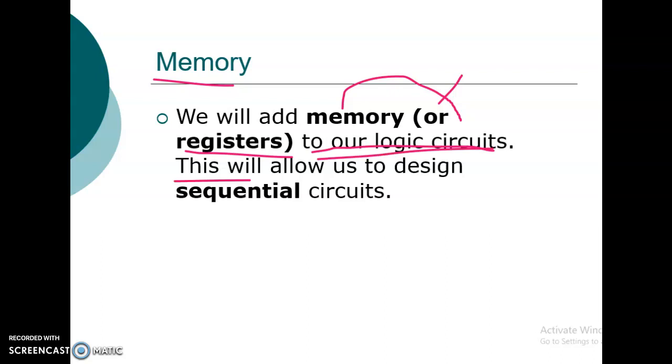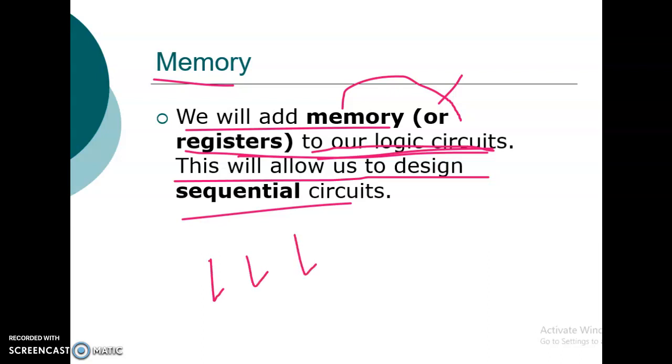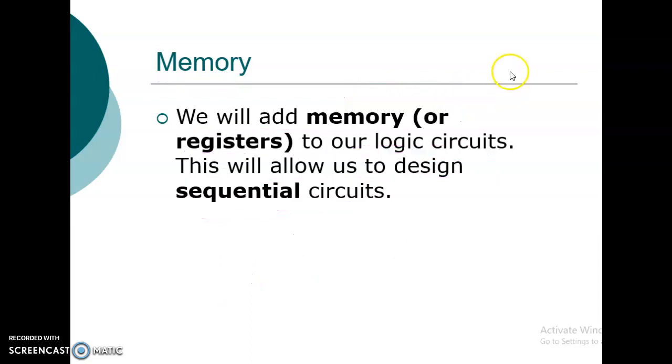This will allow us to design sequential circuits.